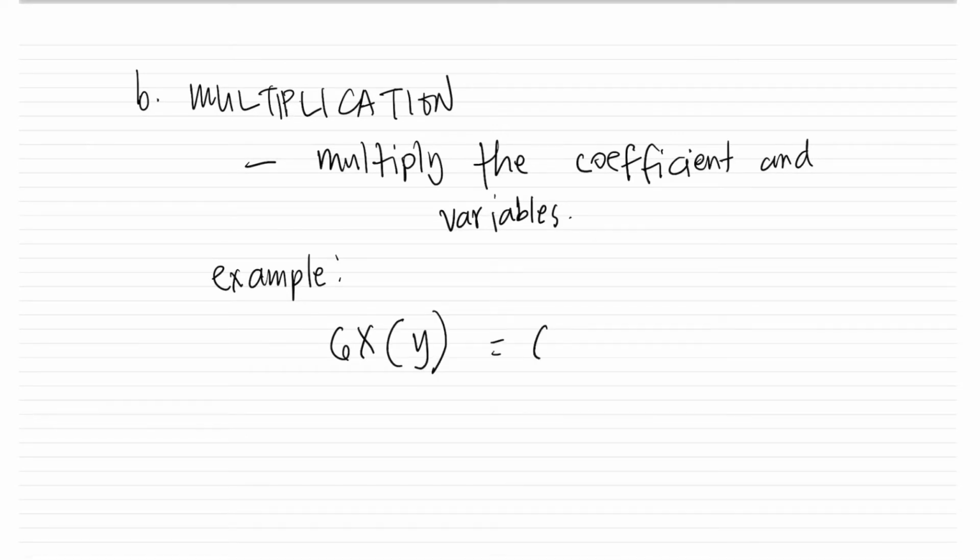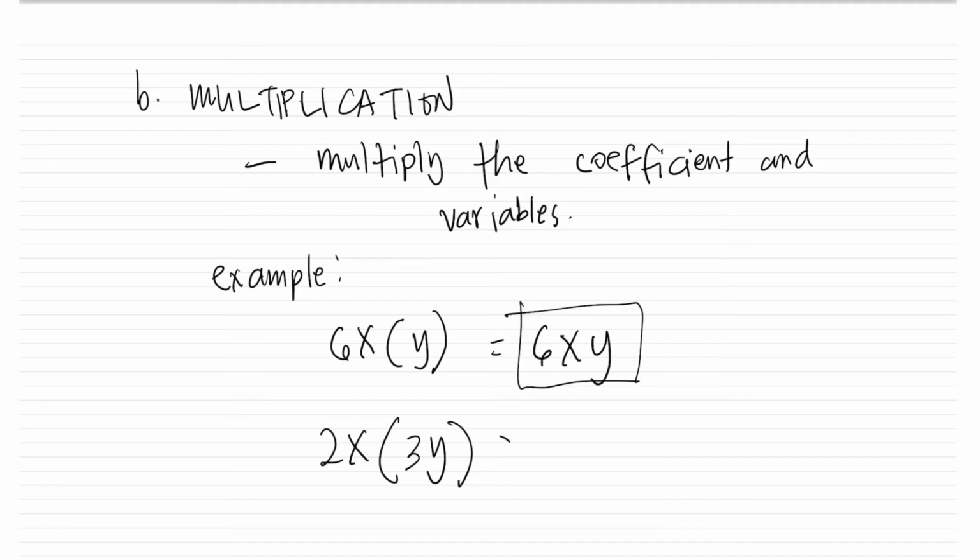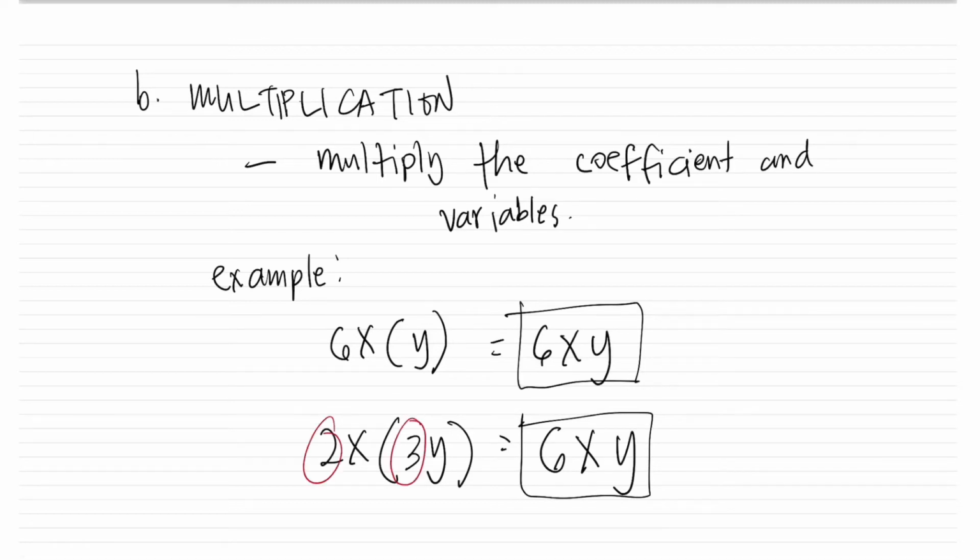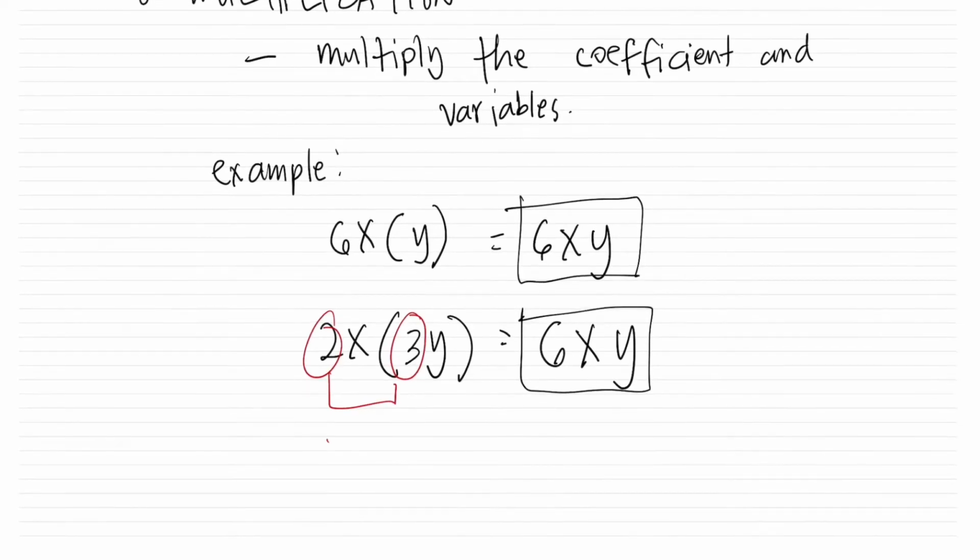The answer is 6xy. Another, we have 2x times 3y. The answer is 6xy. So what we do is, with this and this, they have to be multiplied, and this one and this, the same, multiply.